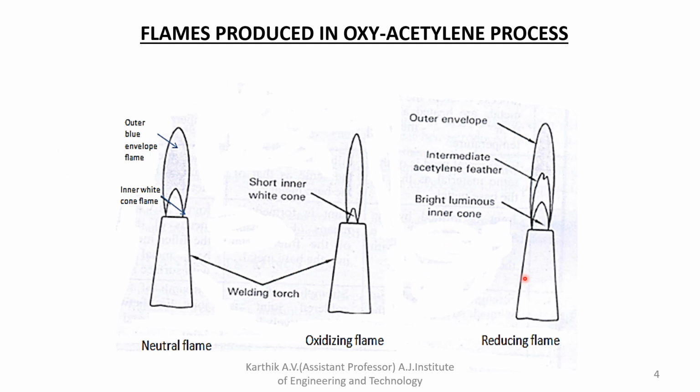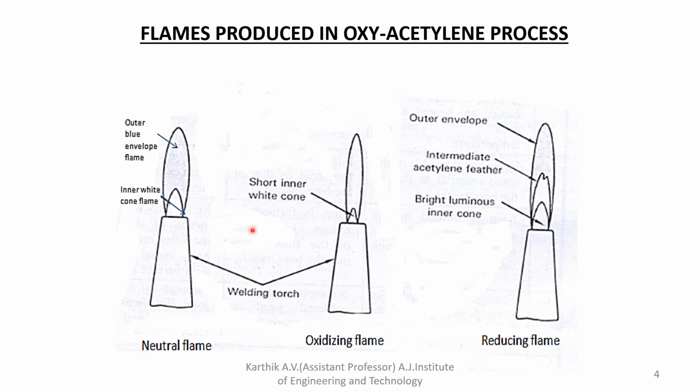Out of these three, more temperature is obtained in the oxidizing flame. So this method is good compared to the other ones. This one is the neutral flame, where the oxygen as well as acetylene gas percentage is the same, 50-50%. The oxidizing flame is where the oxygen percentage is more than the acetylene gas, so you can achieve more temperature, around 3400 degrees Celsius.